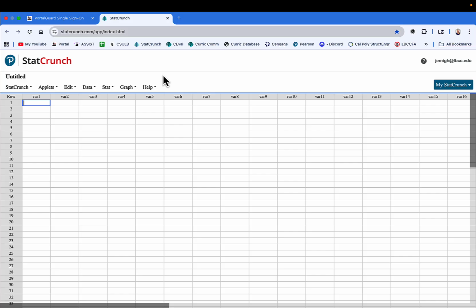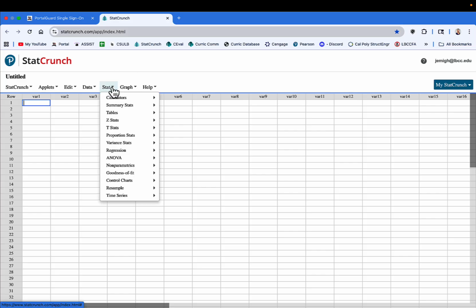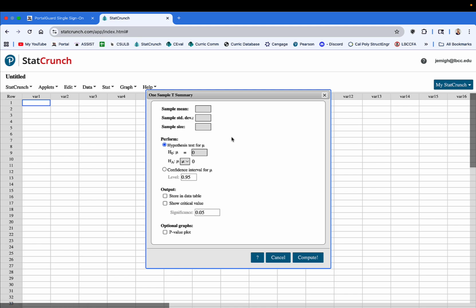Okay, here in StatCrunch, we're going to go to the Stat drop-down menu and time to make a decision. So we did not know any information about the population standard deviation sigma, so we choose T-stat. This is one sample, and we were given a summary of the data.